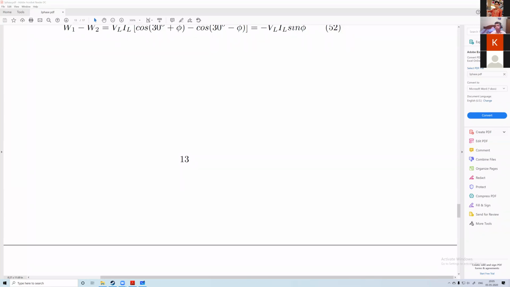Right? We just saw, and from what Orkodeep said, this time W1 would be less than W2.